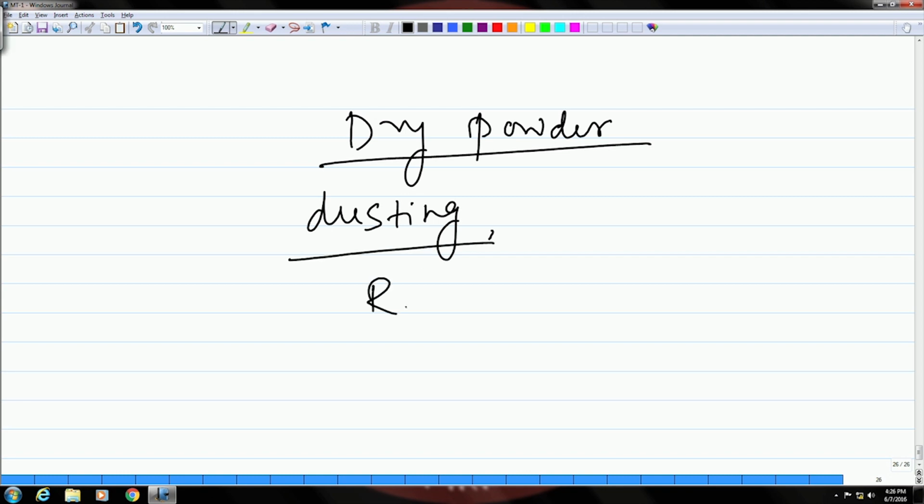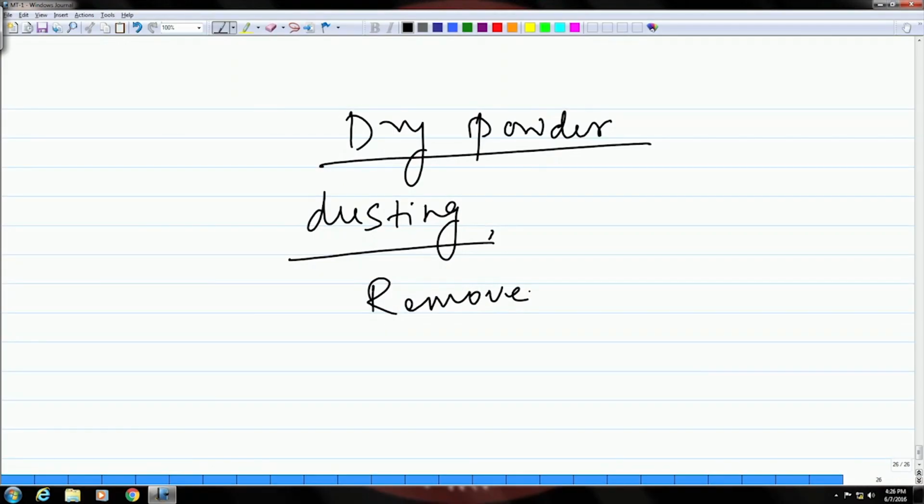then you should in this case, since you do not really have too much control on the dusting, there could be excess powder on the surface. So, it is better to remove the excess powder by gently blowing it, so that you have a uniform layer of powder.